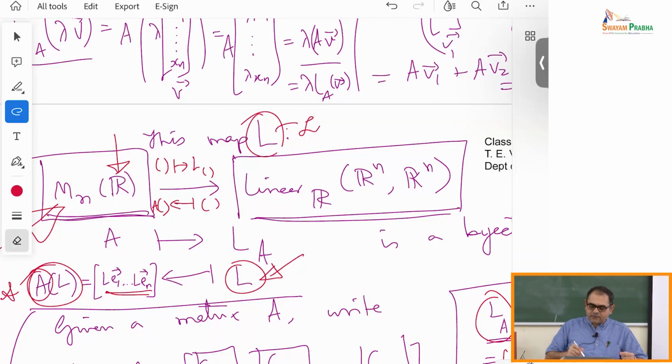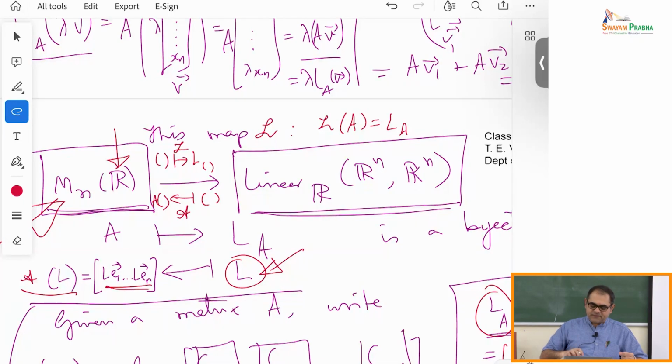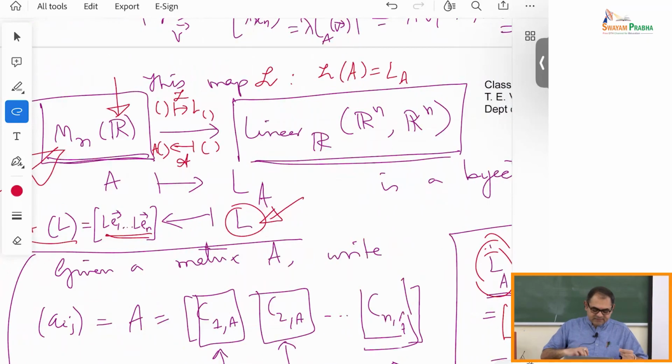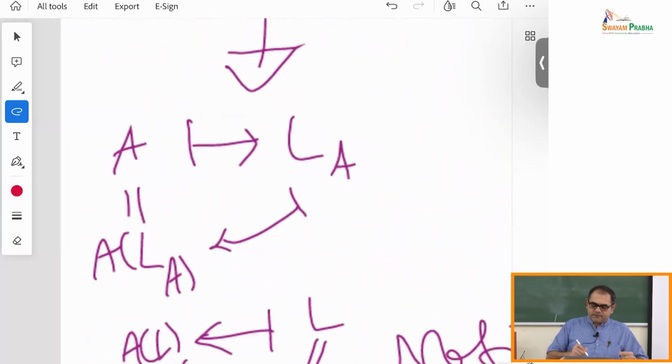So if I rewrite it in that notation, this map I call script L, and script L of A is L sub A. The reverse map, in the other direction, I call script A. Then the fact that these two maps are inverses of each other is the following: you start with a matrix A, you apply script L, you get L_A.